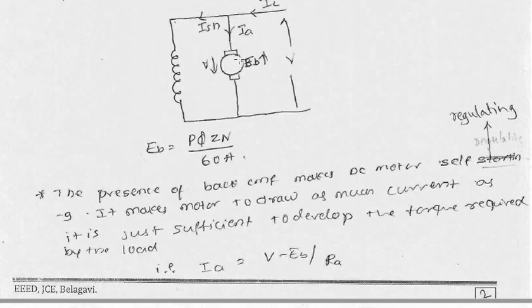If the motor is not loaded, it means nothing is connected to its shaft. The load on the motor would be mechanical: you connect the shaft to some load and make it rotate. That is the mechanical load. Let us say this particular motor is not connected to anything, so it is freely rotating, and that is no load.